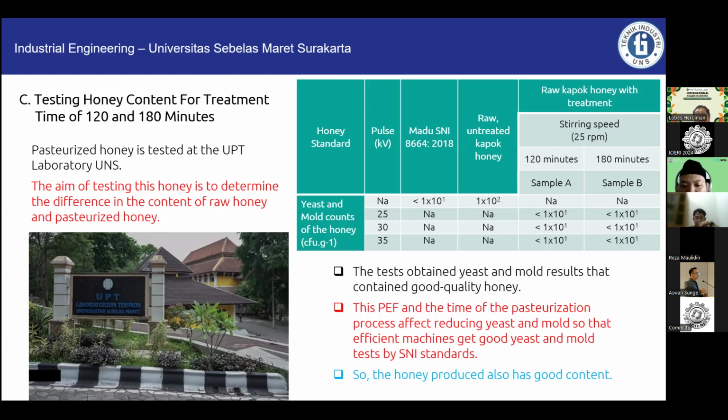This PEF and the time of the pasteurization process reduce yeast and mold, so the efficiency of the machine gets a good yeast and mold test by SNI standard. So the honey produced also has good contents.